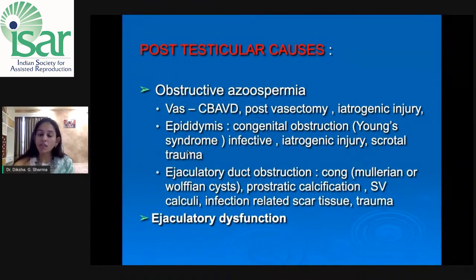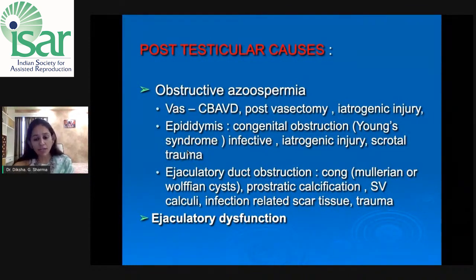In case of the epididymis, congenital obstruction is known as Young syndrome. Usually these males will also have ciliary dysfunction, and thus a history of respiratory infections or pneumonia will be there. There can be infective etiology, iatrogenic injury of the epididymis, or even scrotal trauma can cause an obstruction.